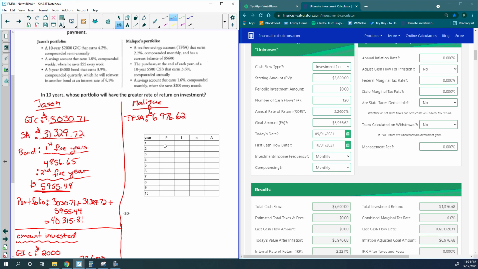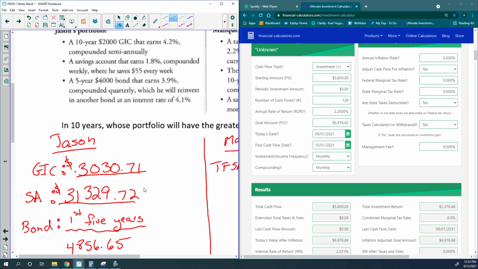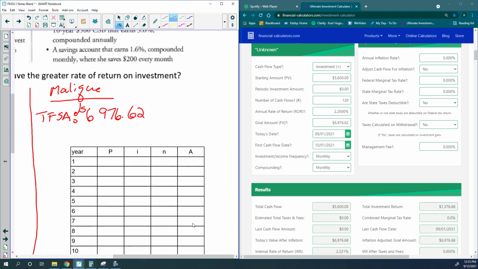Now we have to do the bonds. Again, the bonds: the purchase at the end of each year of 10 years of a 10-year $500 Canadian savings bond that earns 3.6% compounded annually. For this one, I'm going to zoom in. I did the chart like we did in the instructional video, and I'll zoom in to make it easier to see the chart. There we go.